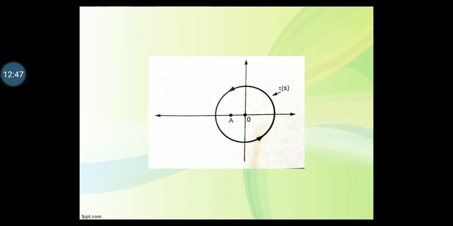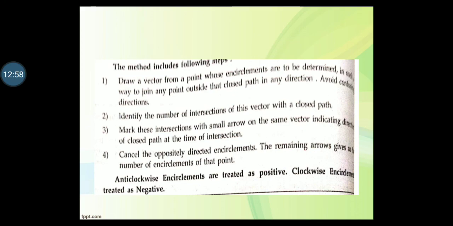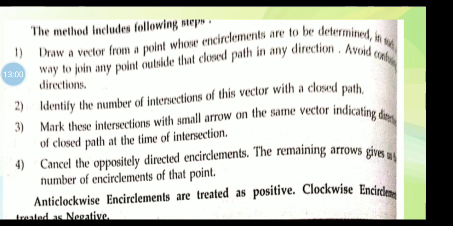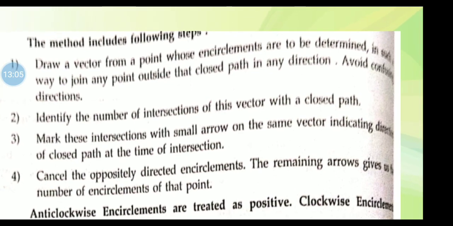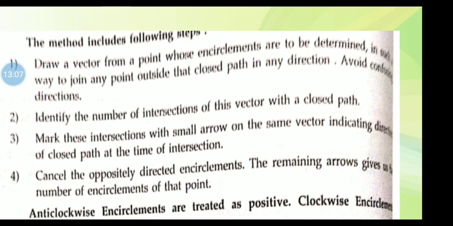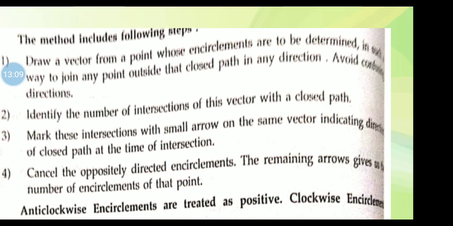Then there is one simple method for obtaining the number of encirclements. What are the steps involved? First, draw a vector from the point whose encirclements are to be determined, in such a way as to join any point outside that closed path, in any direction.